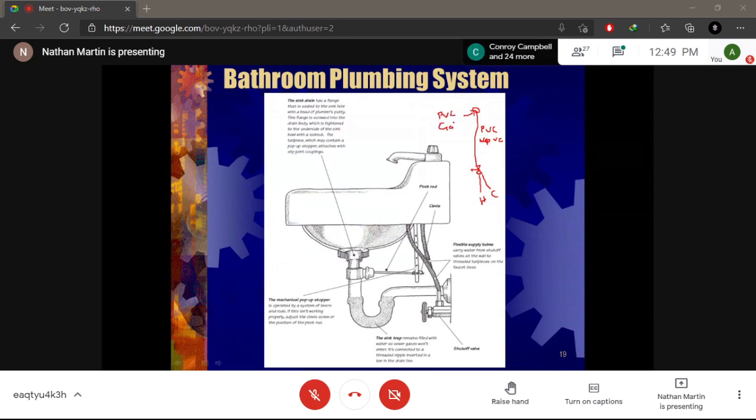Which one? Galvanized. Why not the UPVC fitting here? You could use a UPVC fitting now, but why would the plumber prefer to use this one? Because it can expand and contract with the... Good. Perfect.